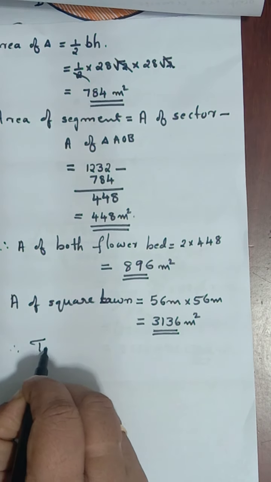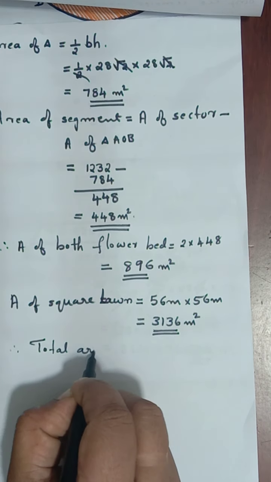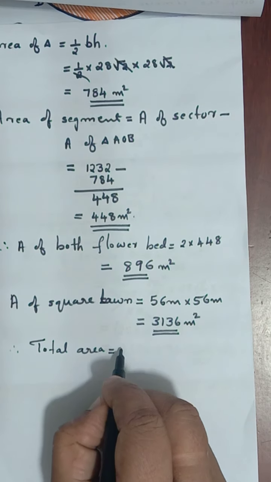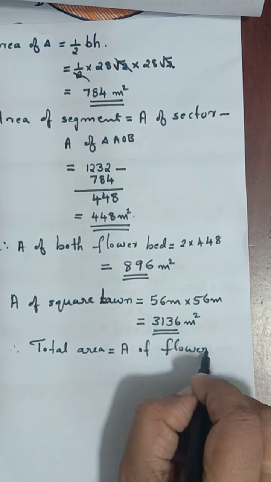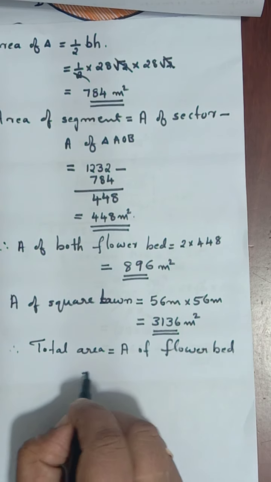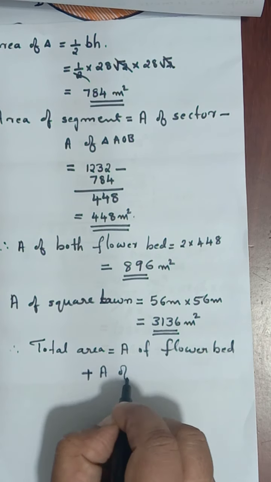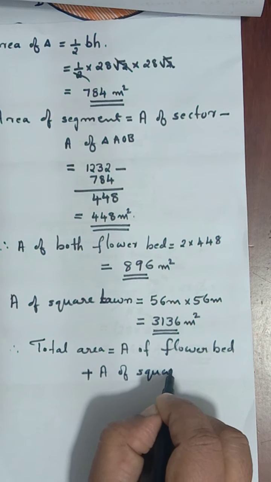Therefore, total area equal to area of flower bed plus area of square lawn.